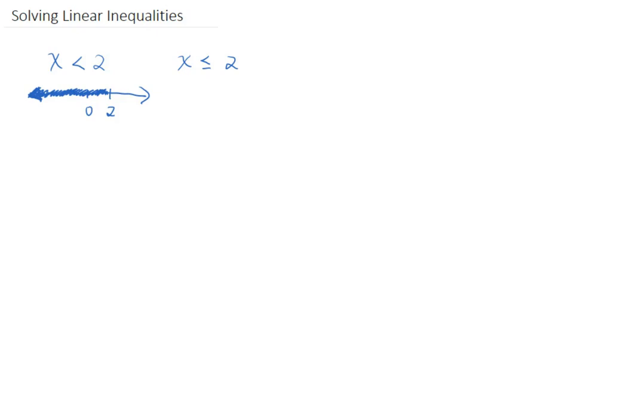Now to the right, we also have this other one. Now this one has the equal bar. So this is saying that x is less than 2, but it also can be exactly 2. So x is less than or equal to 2. So when I go to put that on a number line, what I'm going to end up with is something very similar to what I've done with the other one, because x is everything less than 2.